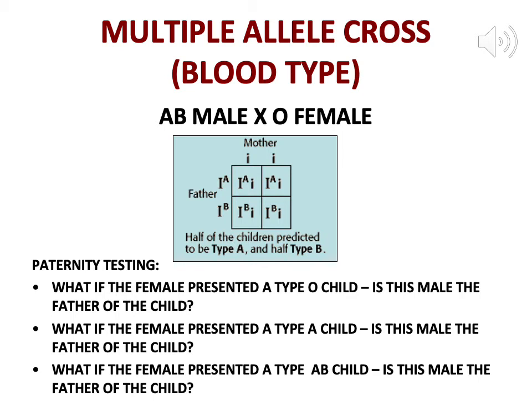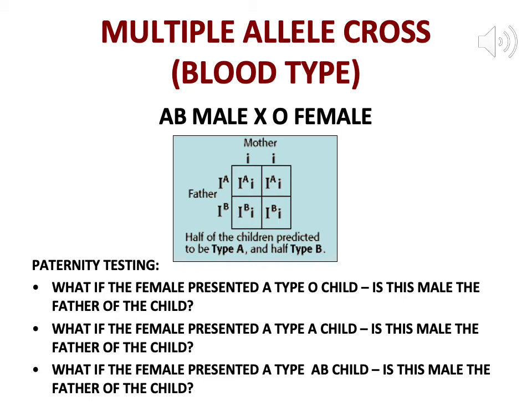You see the father is AB, and I see his alleles over there on the left-hand side of the Punnett square, I superscript A and I superscript B. And we know that the allele A and the allele B are codominant, and so therefore he's type AB. On the other hand, mom, the female, is little i, little i.